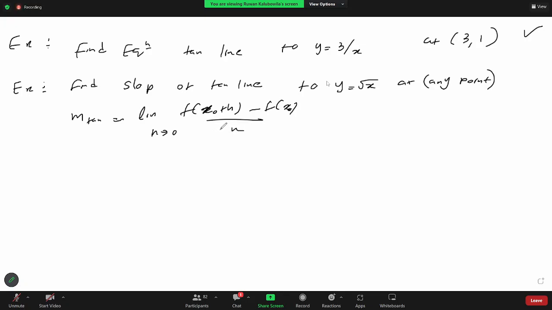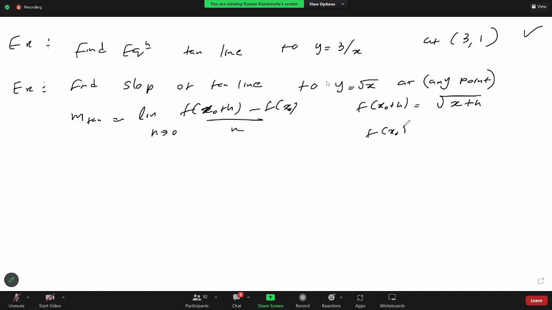Okay. What is f(x0 + h)? That is the square root of... I will now generally write x0 as x, so x plus h.